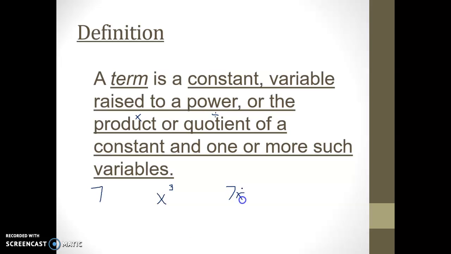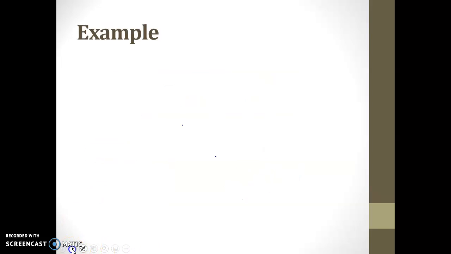So 7x to the third power is a product of a constant and a variable, and x cubed over 7 is the quotient of a constant and a variable. All of these count as terms.